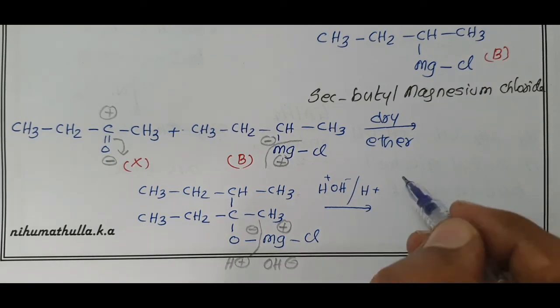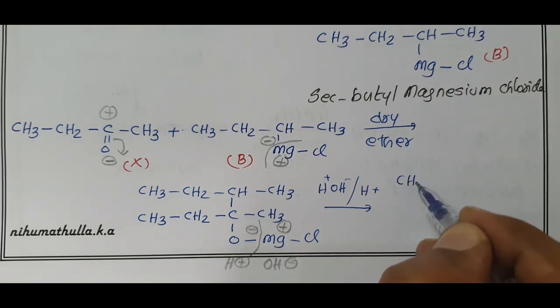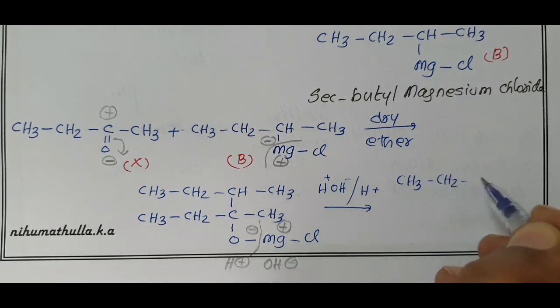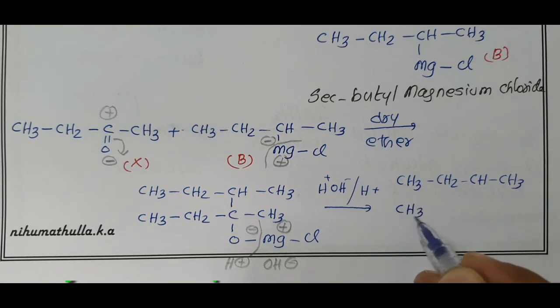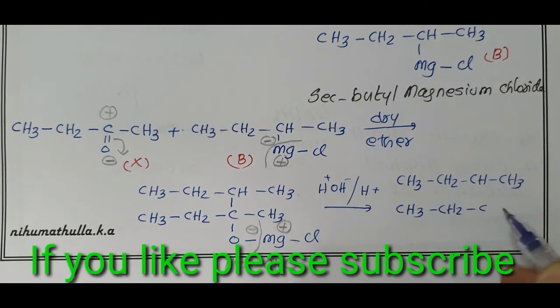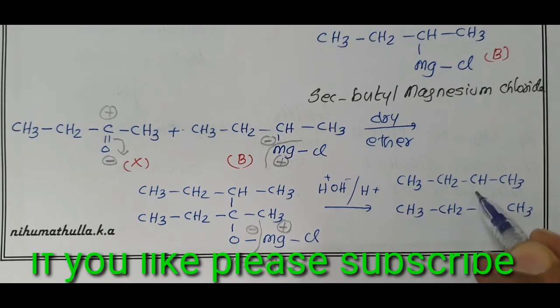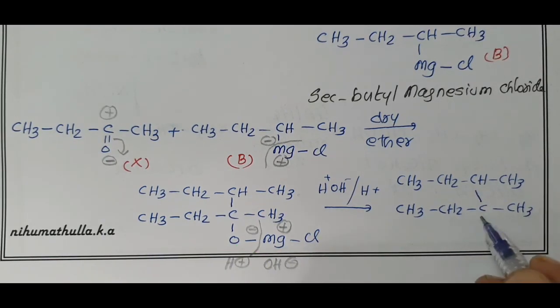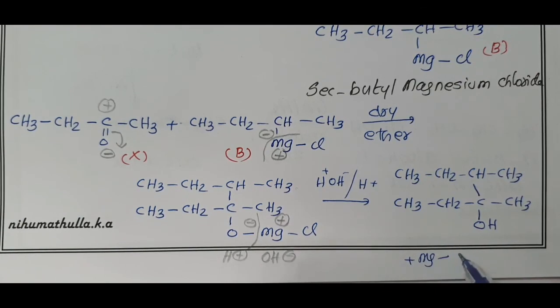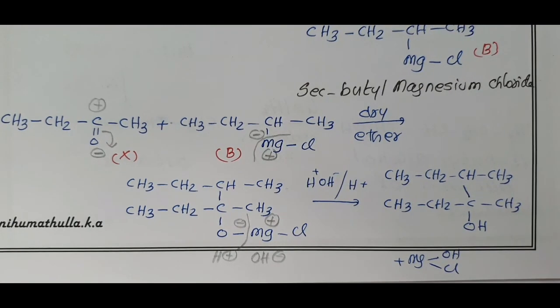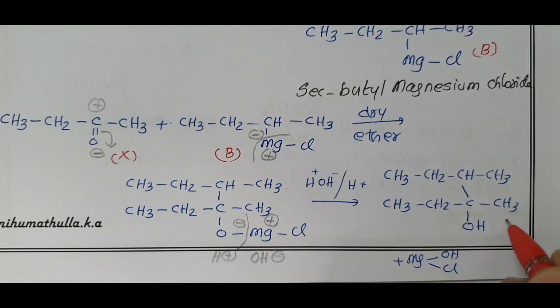So now I write the main product: CH3, CH2, C, CH3, and here you have another CH3, CH2, CH, CH3, with a bond between these two carbon atoms, and here you have OH. The alcohol is obtained with the loss of MgOHCl, magnesium chlorohydroxide. This is Y, compound Y. What is the name of compound Y?